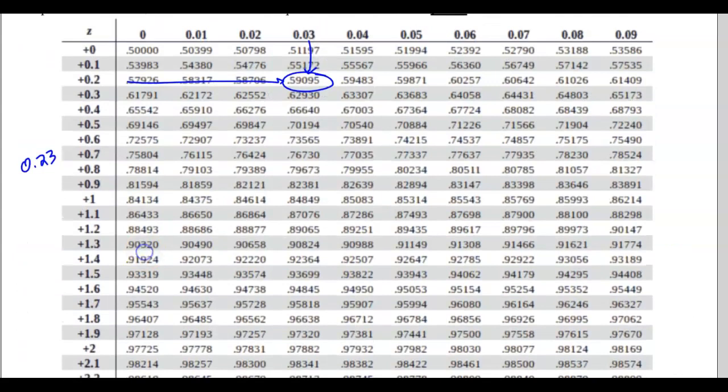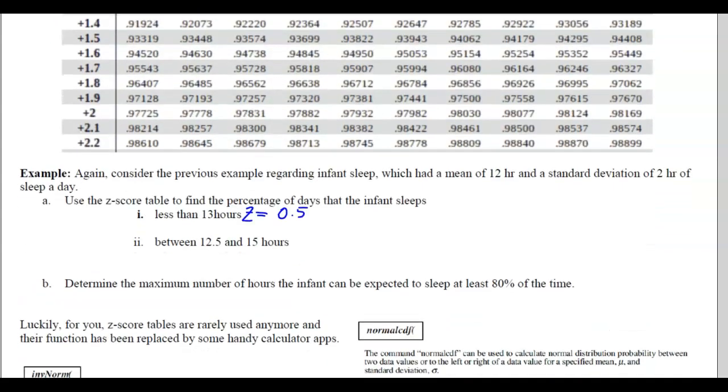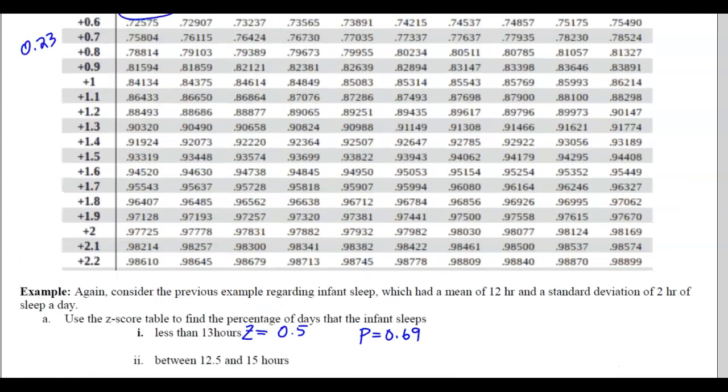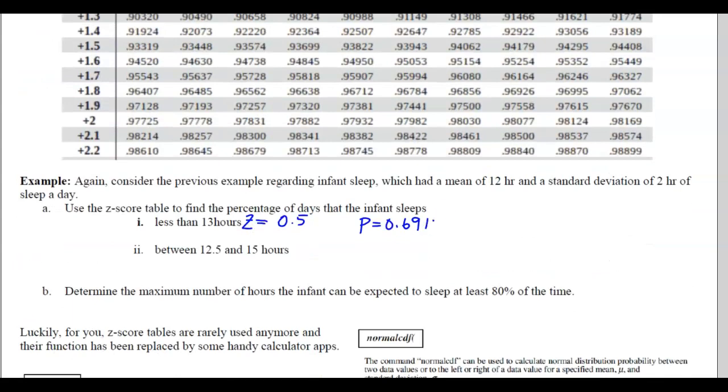So we just look at 0.5 and 0 and there would be 0.69146. So probability equals 0.69146. As a percent, that's 69.146%. Obviously more than 50% because it has a positive z-score.